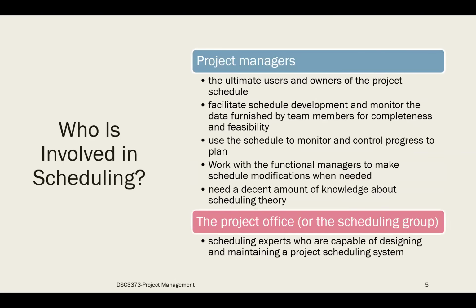Then the third person is the project manager, right? The project managers will be the ultimate users as well as the owners of the project schedule, right? They will be in charge of developing the schedule and monitoring the data that is given by the team members to make sure that the project schedule is complete and that it is feasible.